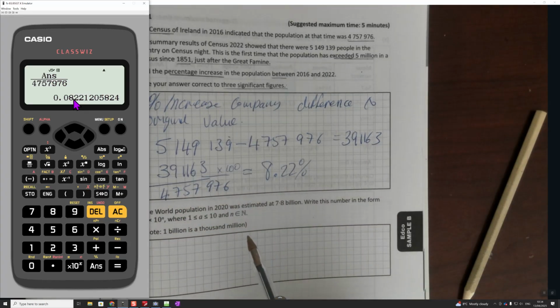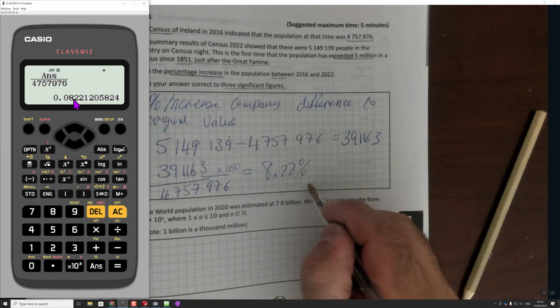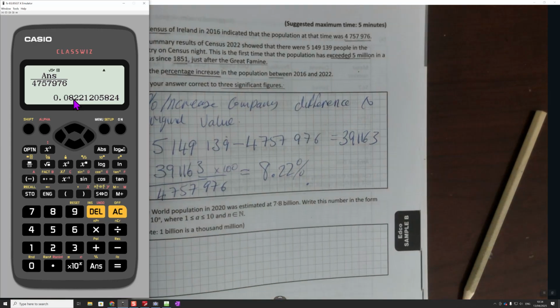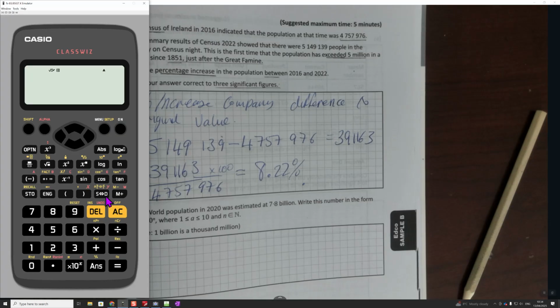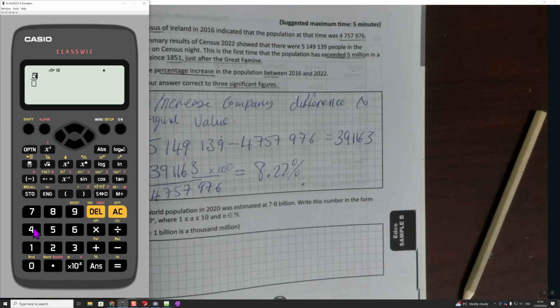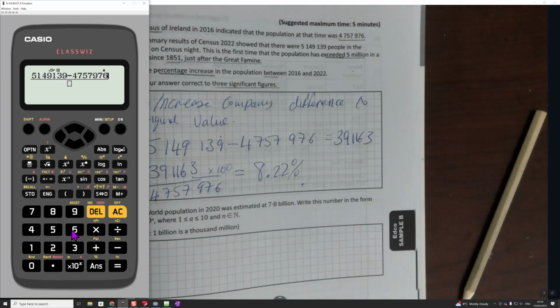That's 3 significant figures. Okay. Now the advanced method of doing this would have been to do it all in one go by doing 5,149,139 minus 4,757,976.